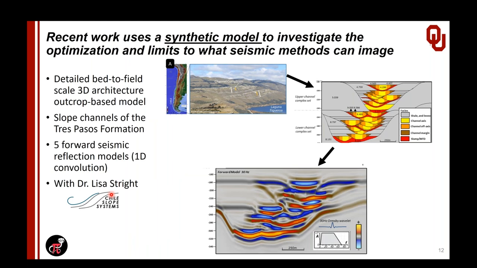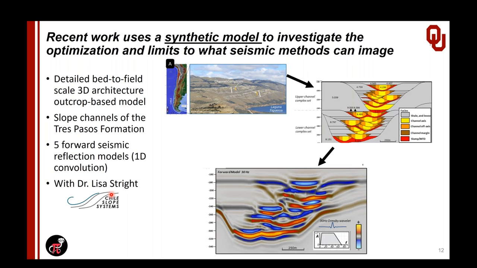So for this work, what we wanted to do was not take seismic data where we don't know the truth, but rather create a synthetic model based on realistic data where we could run the algorithms and then compare our answers to the true answer.